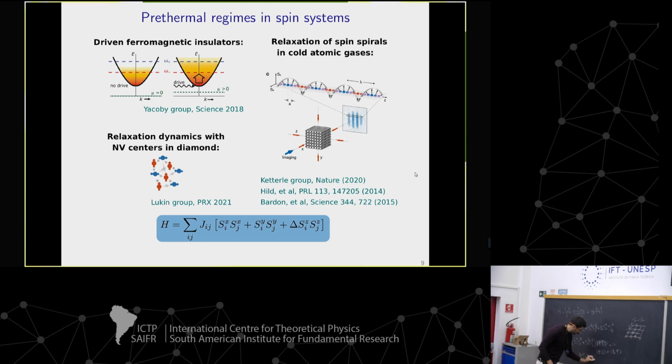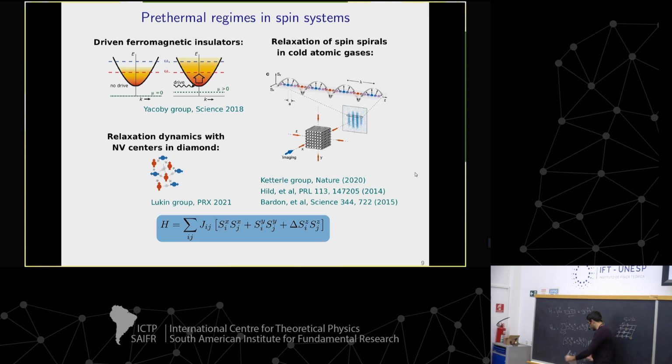For example, if I have just one spin moving through the lattice, this would acquire an extra energy due to having two, so here I will acquire 2 times delta. Whereas if I have two spins which are nearby each other, for example, up, down, down, up, there would be a reduced energy because now I will have 2 delta rather than having 4 delta if you would have two independent spins which are far from each other.